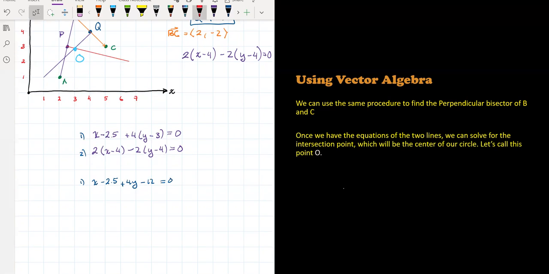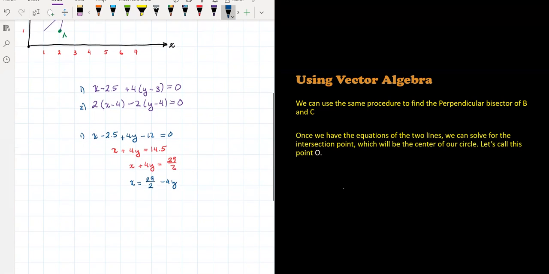So x + 4y = 14.5, or 29/2. And if we solve for x, we get x = 29/2 - 4y.